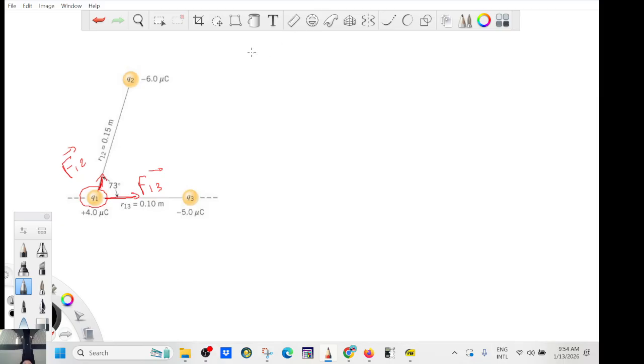Let's see. Okay, first step. Step number 1, you only find the magnitude. Only the magnitude, okay? With your TI, you do that in one shot. 9e9, and then 5, 10 to the negative 6. Open the parentheses. Don't put a times. With the TI, you can do that in one shot. And then 4e.